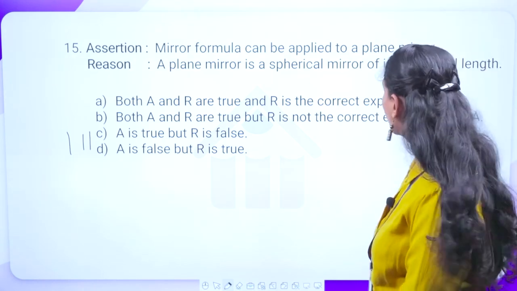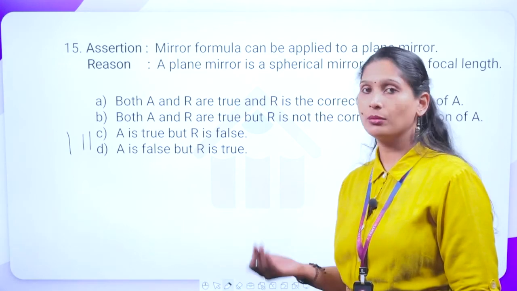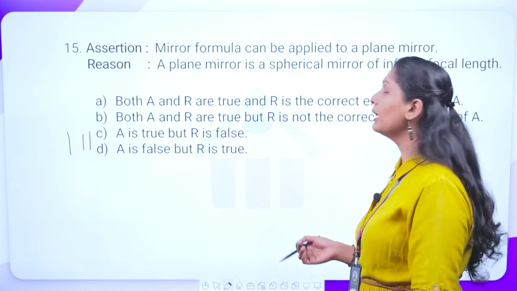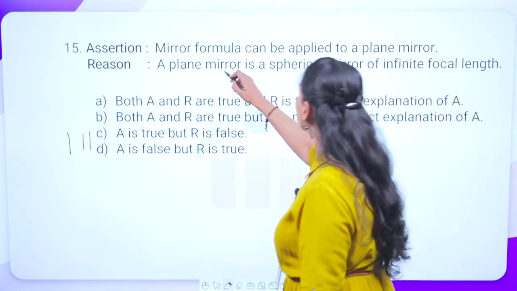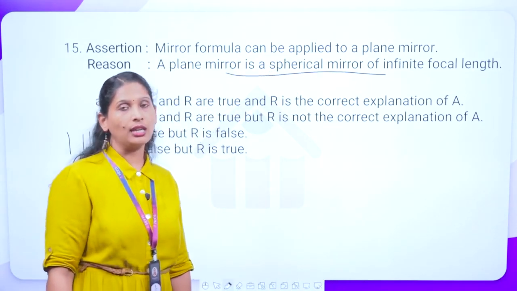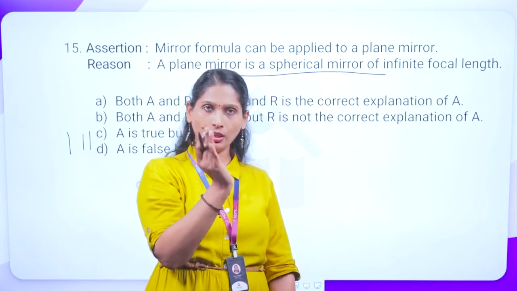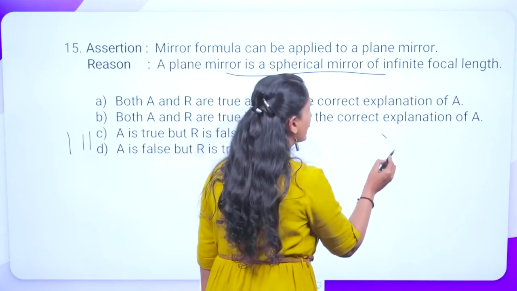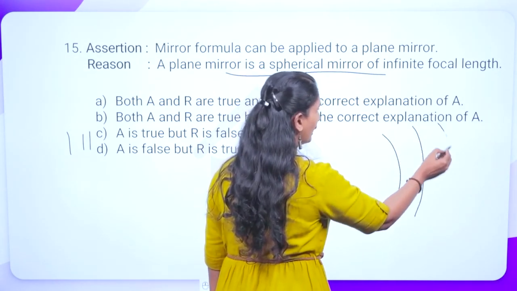Okay, so let me say, the mirror formula is applicable for spherical mirrors. So the mirror formula can be applied to a plane mirror, because a plane mirror is a spherical mirror of infinite focal length. As focal length increases, the curve or rather the aperture decreases. So as f increases, what happens? It will be like this.